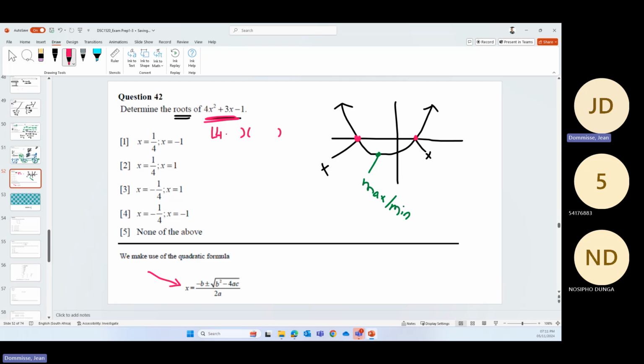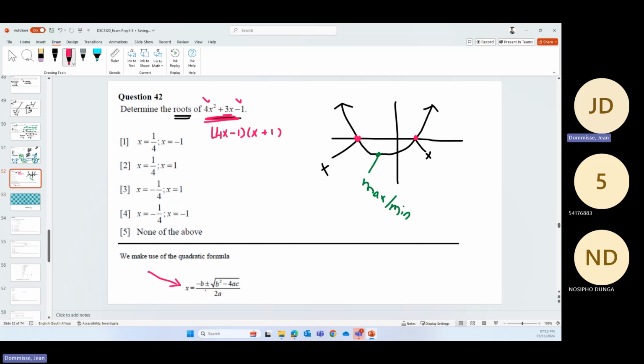I'll work out the roots. 4x times x will give us 4x to the power of 2. So let's just see if I multiply out. 4x plus x will give you that. Minus 1 times plus 1 will give you that. That's minus x, that's plus 4x, so we will get plus 3x.